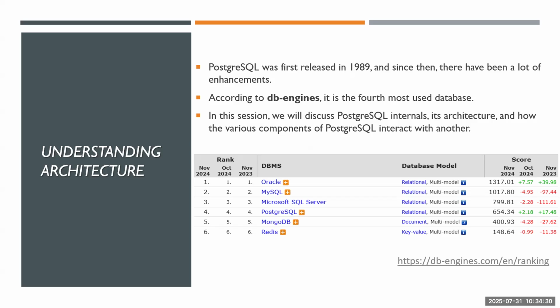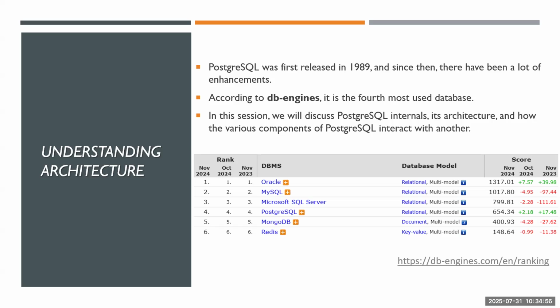So then definitely we'll get a doubt: Subbu, I'm already working as an Oracle, SQL Server, or MySQL person, then why do I need to learn Postgres, especially Postgres and MongoDB?